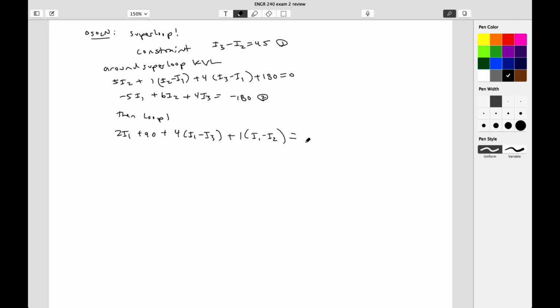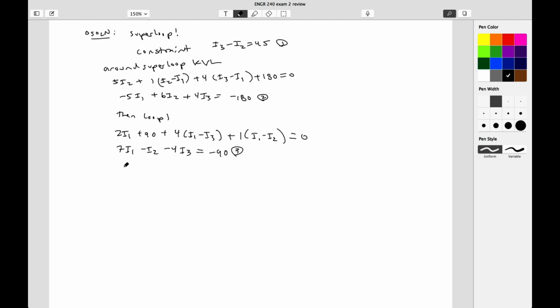Okay, and that's equal to 0. So that gives me 7I1 minus I2 minus 4I3 is equal to minus 90. This will be equation 3.